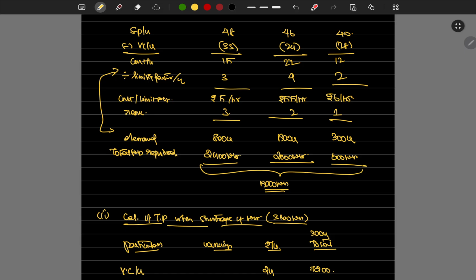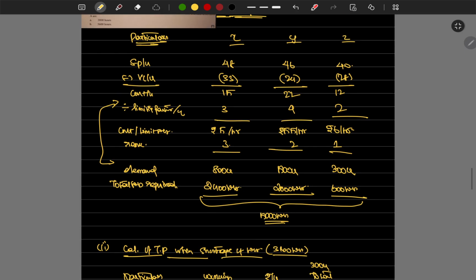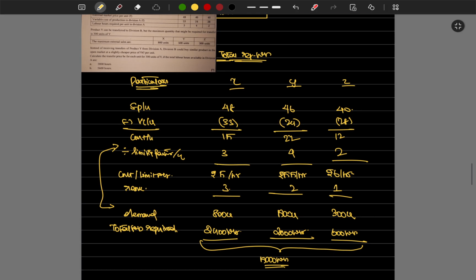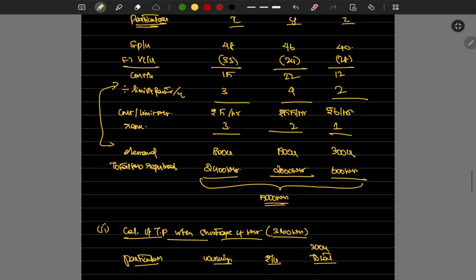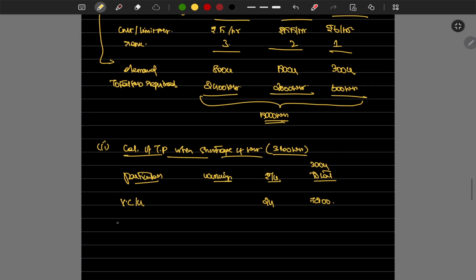Then comes, in case of shortage of hours, see, this is the second rank. Why is it the second rank product? If another division is asking, we should not utilize this level. This is the higher contribution area, so we have to sacrifice this X level, and then from this we have to produce Y. So what's the opportunity cost here?